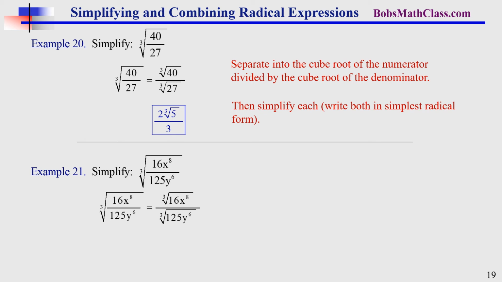So there's a group of 3 2's that we could circle. So a 2 will come in front. A 2 will stay inside. And then 3 goes into 8 twice. So it'll be x squared in front. And there will be a remainder of 2. Again, you might want to put that dot in between so it doesn't look like x to the 23rd if you write it too close.